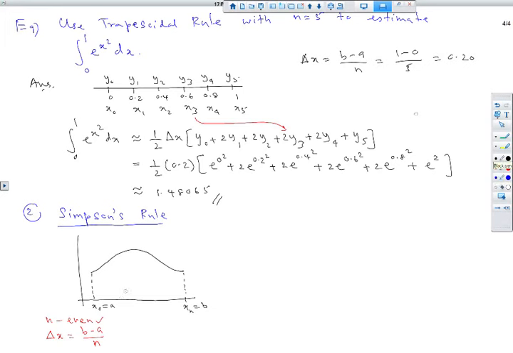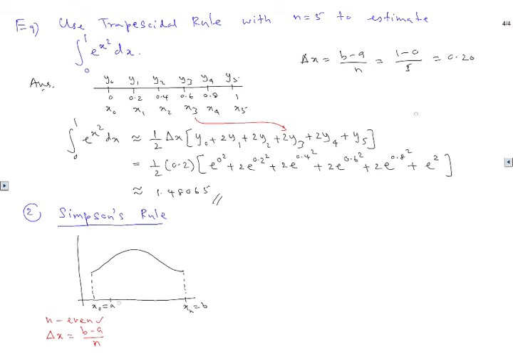As before, we have x1 and then we have x2, like that. So this is x(n minus 1). Let's say you know these values. These are the function values.